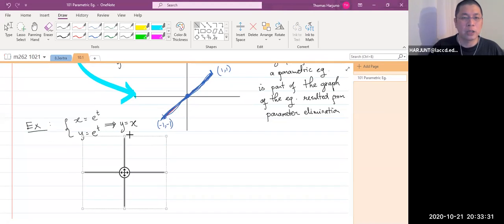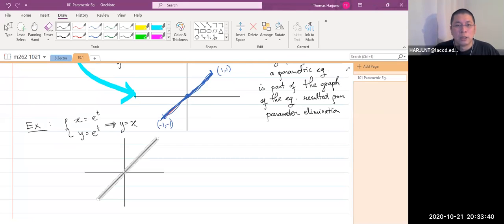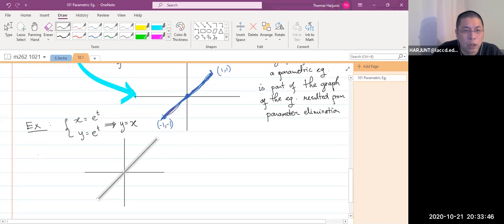y equals x looks something like this. But y is greater than 0. That's right. Both x and y will be greater than 0. It will never be 0.